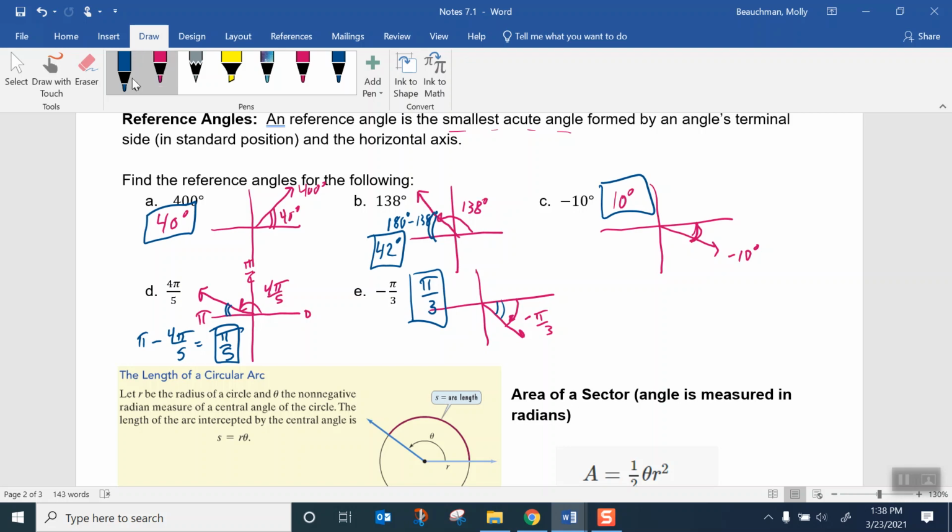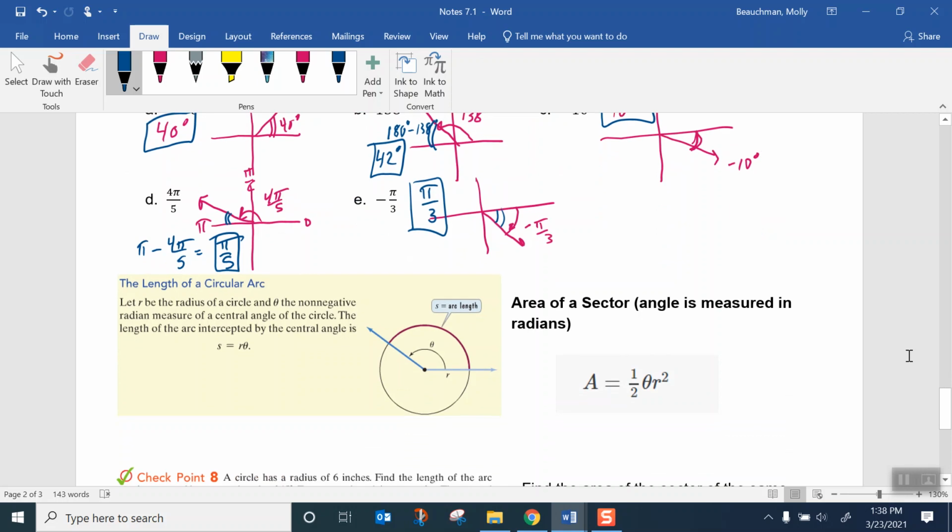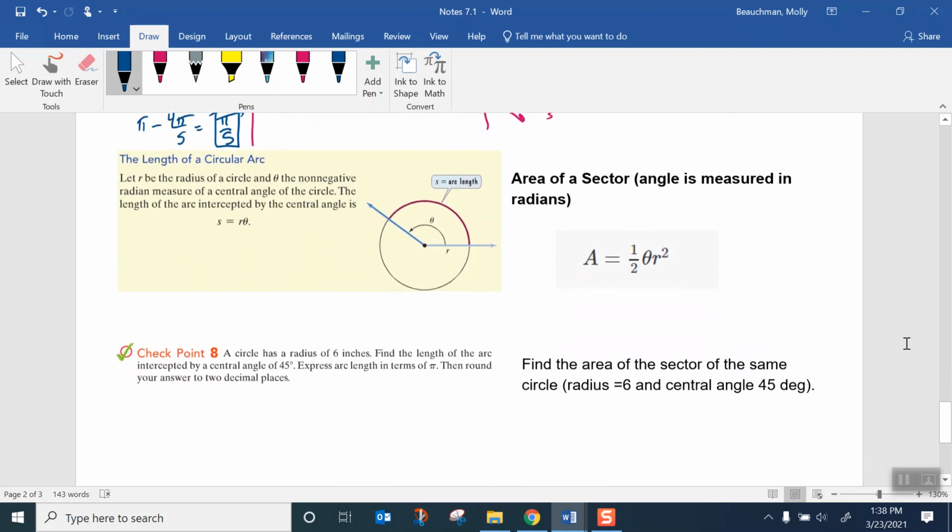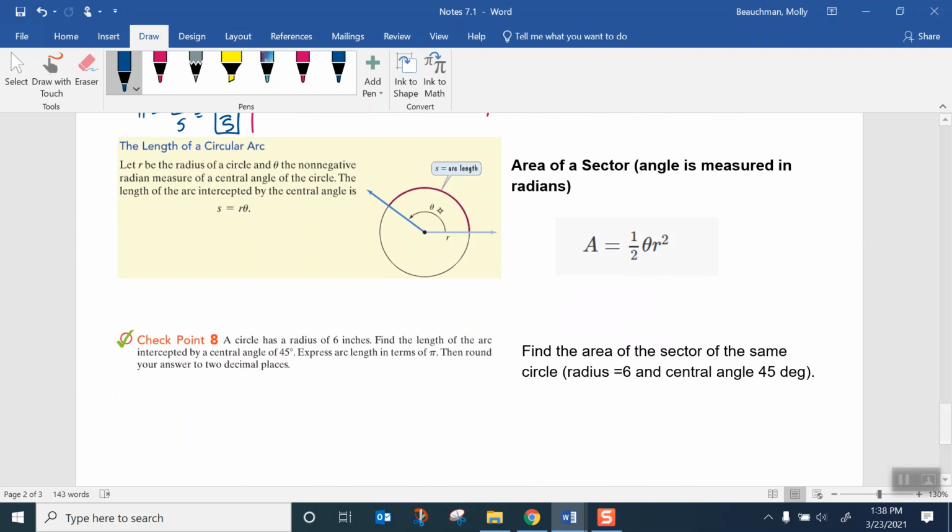All right, last idea in this section is how do you find the length of an arc on a circle, and how do you find the area of a sector? So remember that the radian was actually defined by a circle with an arc of size r, okay? So let r be the radius of a circle and theta the non-negative radian measure of the central angle of the circle.